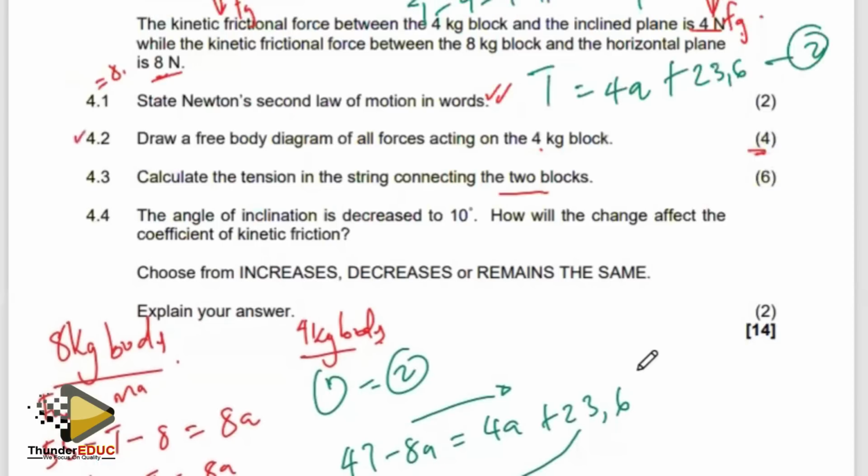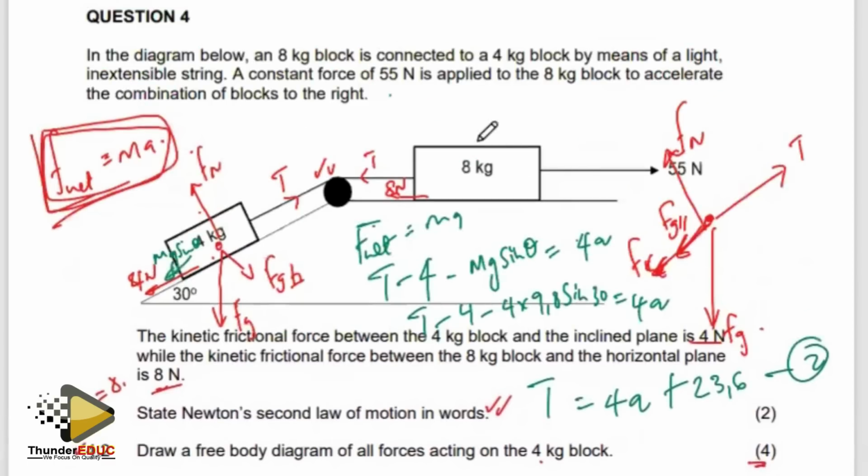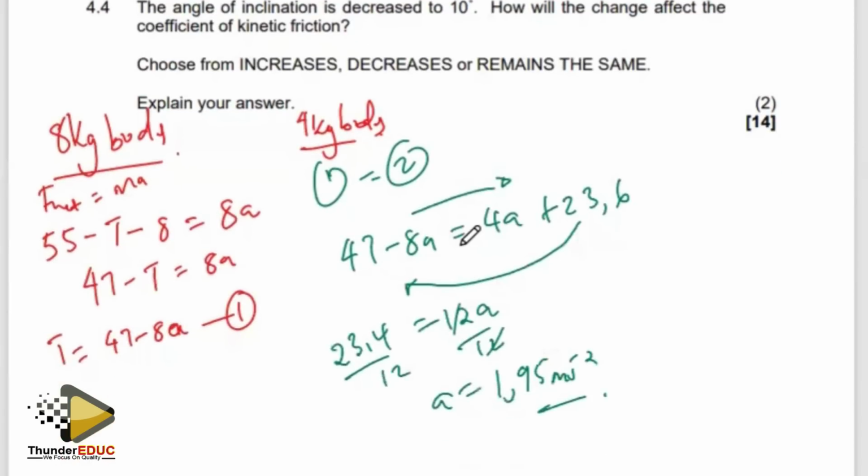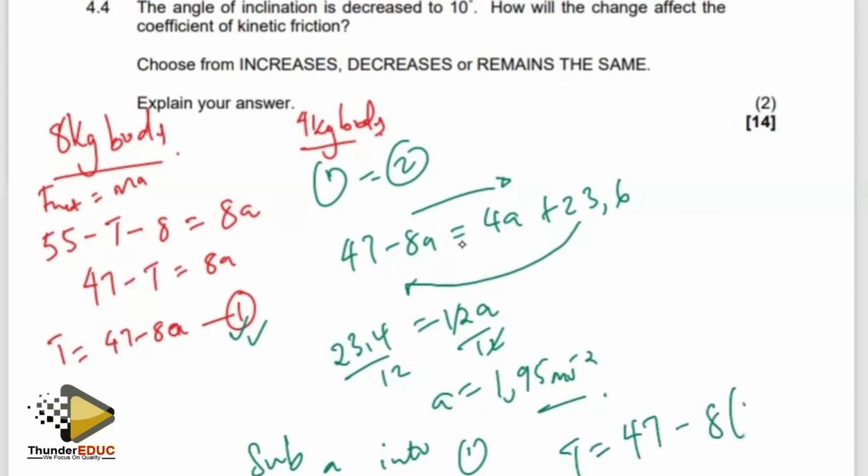The question is asking for the tension that is connecting the two blocks. So let's substitute this 1.95 into equation 1. Substitute a into equation 1. So that our T is 47 minus 8 times 1.95.